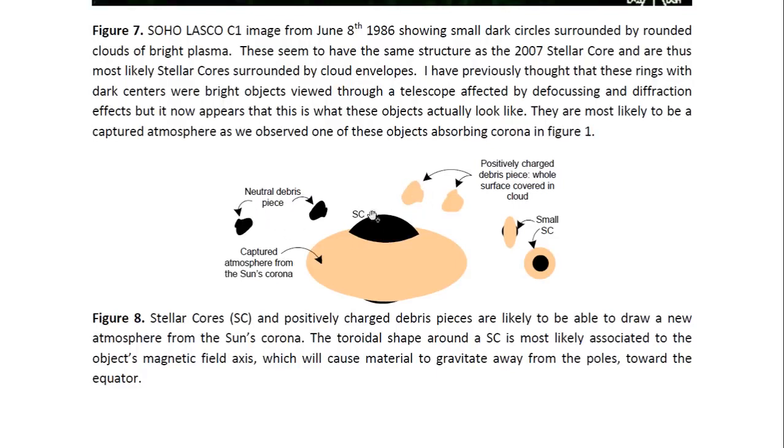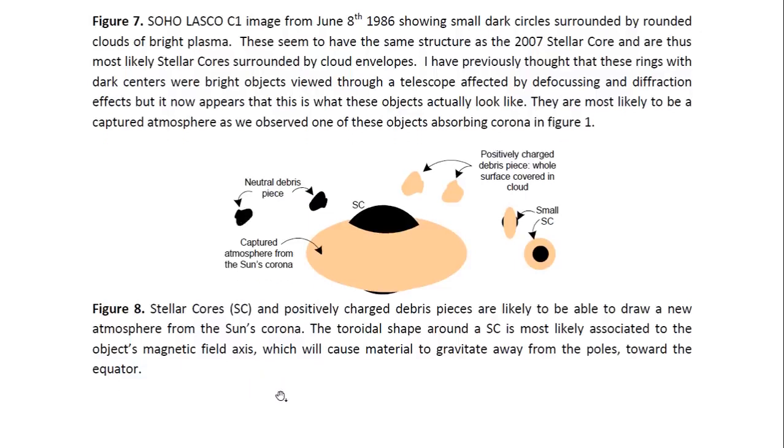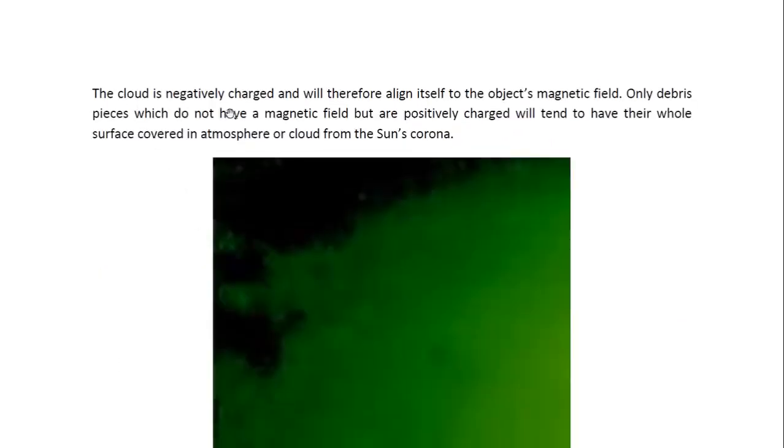Of course, they would have to be positively charged because the corona is negatively charged, and without being positively charged, it wouldn't attach. So neutral debris pieces will not have an atmosphere around them and will not capture one. And the cloud is, as I said, negatively charged and will therefore align itself to the object's magnetic field.